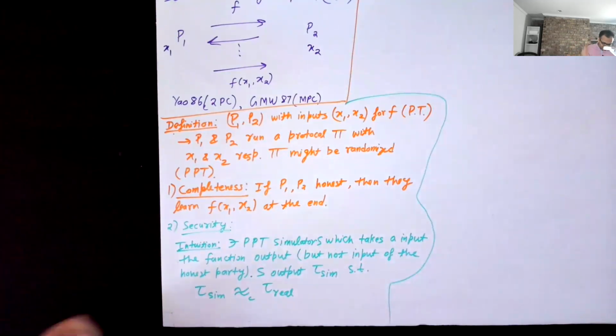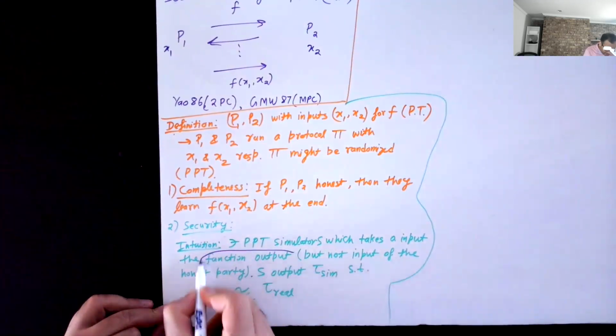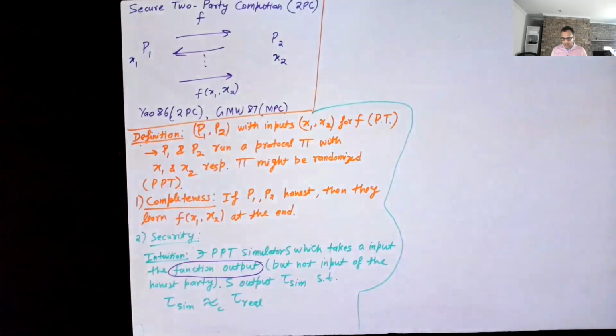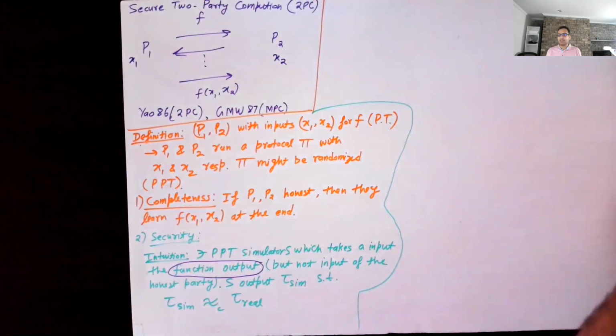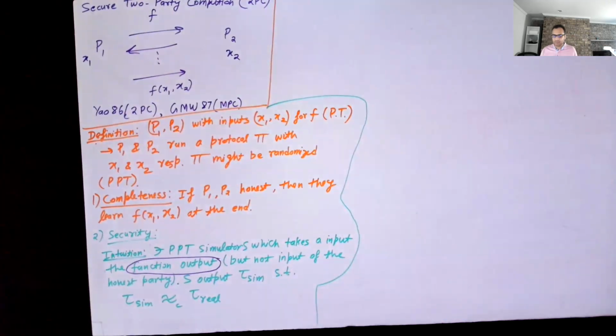First of all, what does it mean to say the function output? Function output on what? The natural interpretation is function output on the inputs x1 and x2, right? But suppose the party P2 is dishonest. So in that case, P2 might have any arbitrary strategy, right?